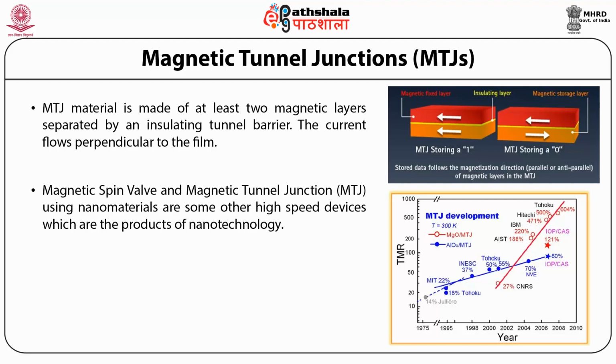Magnetic spin valve and magnetic tunnel junction using nanomaterials are high-speed devices which are products of nanotechnology. Spin valve type devices are already being used in personal computers to read disks, which has enabled an increase in the data storage capacity of a hard disk.